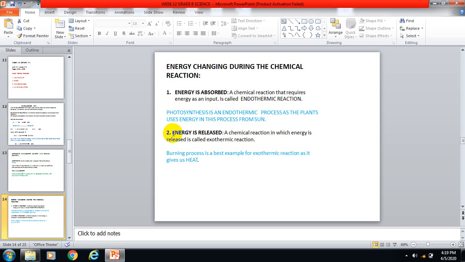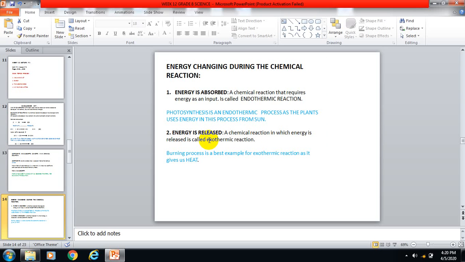Now another factor, energy is released. A chemical reaction in which energy is released, like they give us energy, is called an exothermic reaction. The burning of wood, the burning of a candle, gives us light and heat. So this is an exothermic reaction.